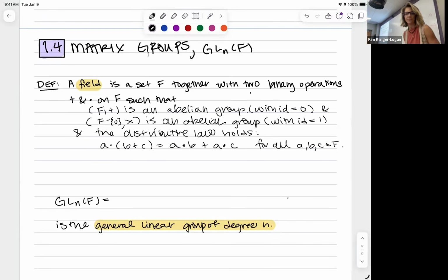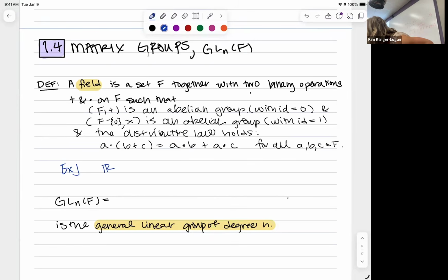Cool. Great. So some examples of fields are things that we use all the time, right? Many of the examples we talked about on the first day were examples of groups under addition and groups under multiplication. So like we said, the real numbers. The integers are not, because they are not a group under multiplication.